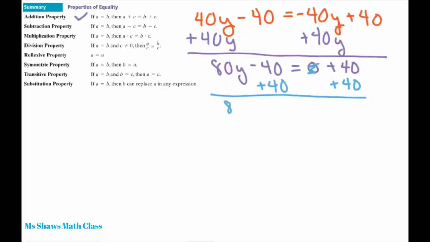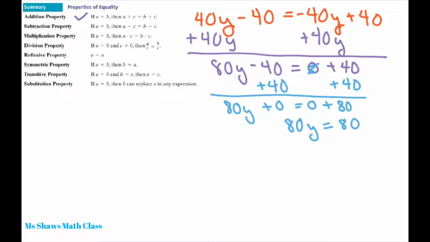So we have 80y plus 0 equals 0 plus 80. So basically your 0 property of addition says I can get rid of those zeros there.